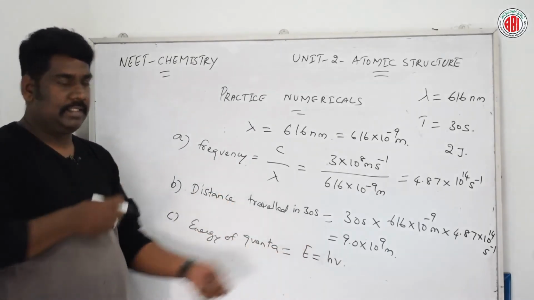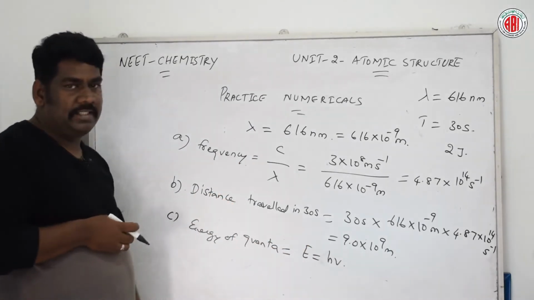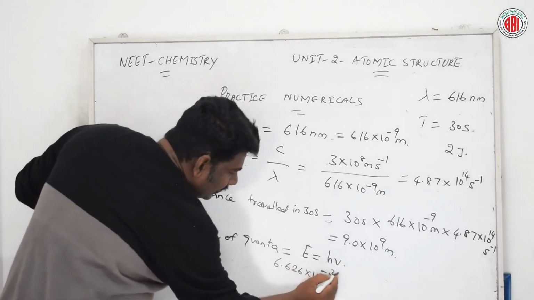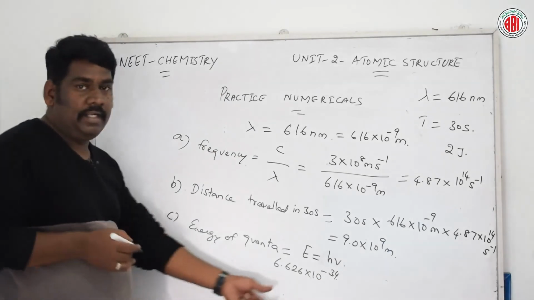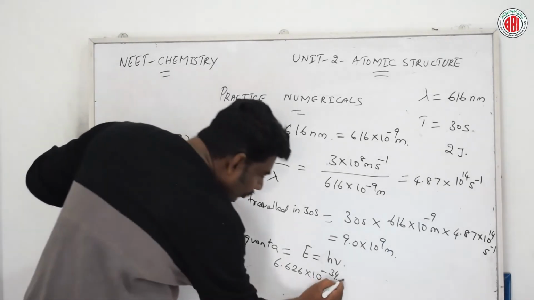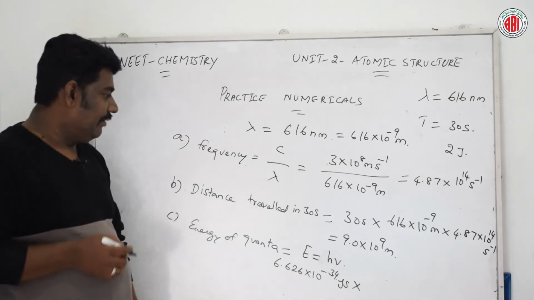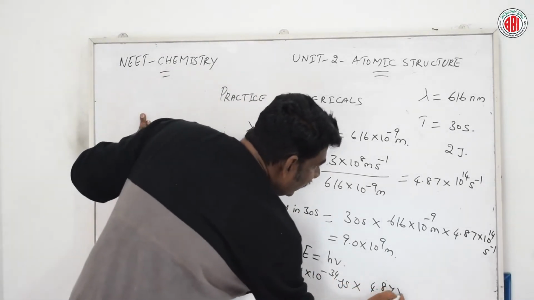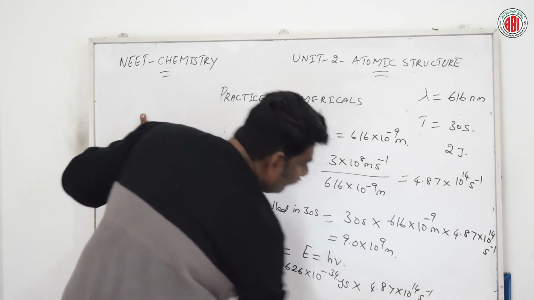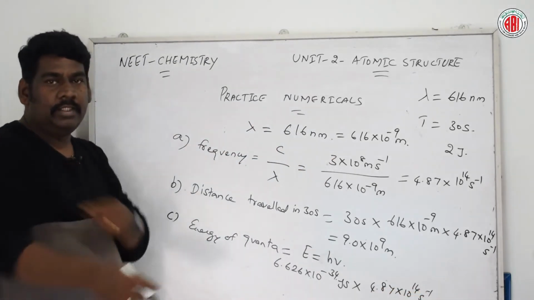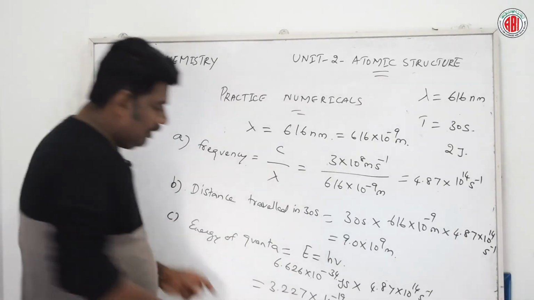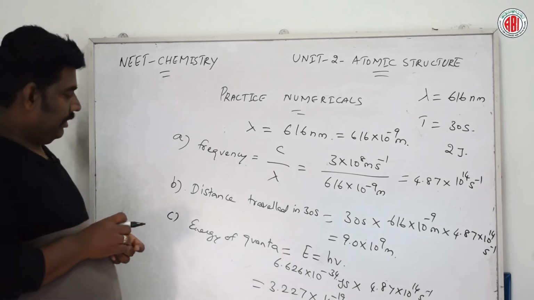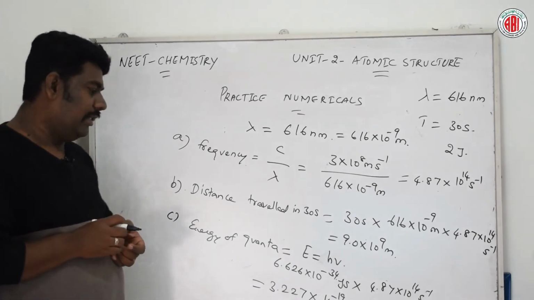Yes, that is h stands for Planck's constant, 6.626 into 10 to the power of minus 34 joule second, into frequency nu, that is 4.87 into 10 to the power of 14 per second. Okay. So simplifying this, we get 3.227 into 10 to the power of minus 19 joule. Okay. Now this is what the energy of the quanta that is produced.